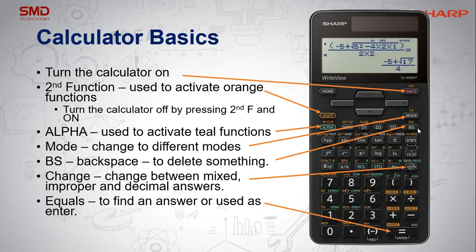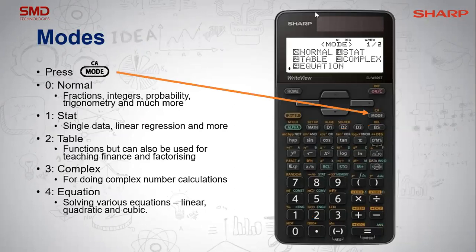Underneath that is BS or backspace. And then, of course, change just changes the way your answer looks from a surd notation or fraction notation through to a decimal. And then, of course, your equals button, which will help you lots as we go through this. Well, I see there's one more here. And Bismarck says integration. Fantastic.